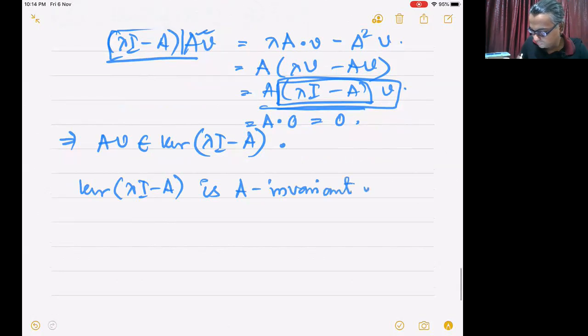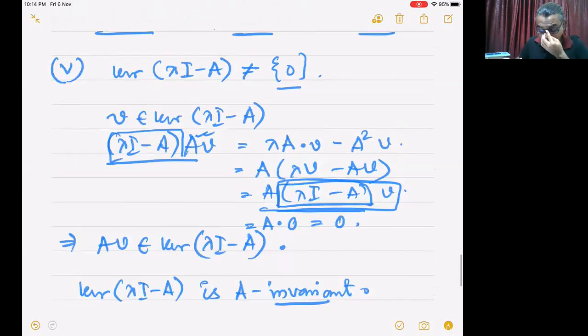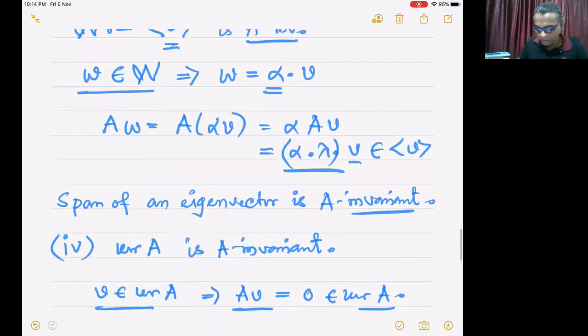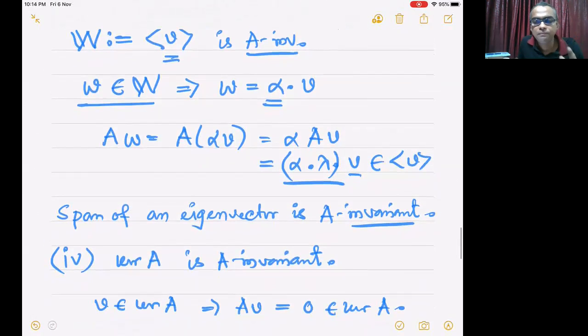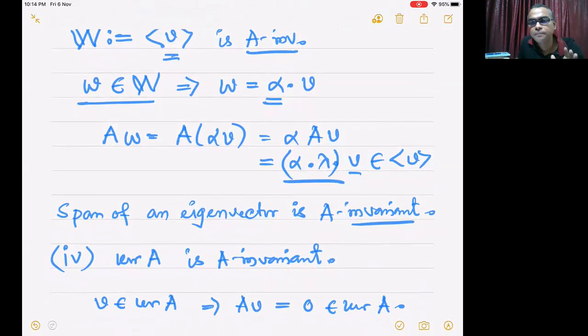Compare this with before. Here I had said in part 3 that, okay, look at the span of one eigenvector. That's A invariant. But not just that. Look at an eigenvalue and look at the space spanned by all eigenvectors corresponding to that eigenvalue, which is the kernel of lambda I minus A. Let me repeat.